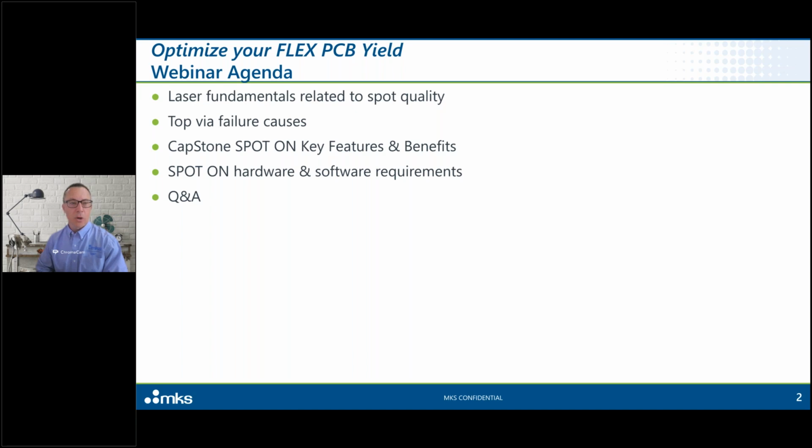And then we'll go over the CapStone spot-on feature and relevant benefits as well. And I certainly want to highlight what's required to install spot-on if you have a field upgrade. It's going to be available both as a field upgrade and on new systems. But if you have a field upgrade, I want to briefly cover what's required there. And then we'll open it up for a question and answer session.